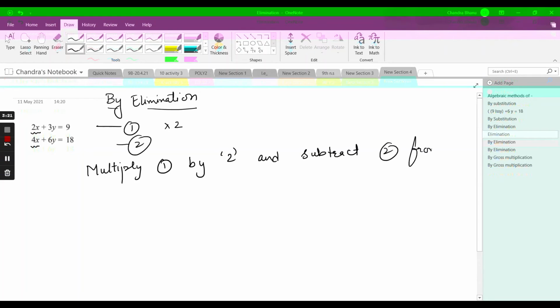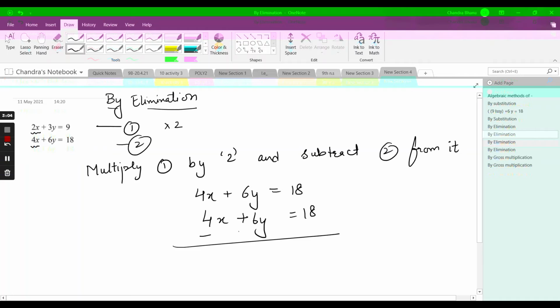So what will be my equations? My equations will be 4x plus 6y is equal to 18. And my second equation was 4x plus 6y is equal to 18. Doing subtraction, I want to eliminate any one term.